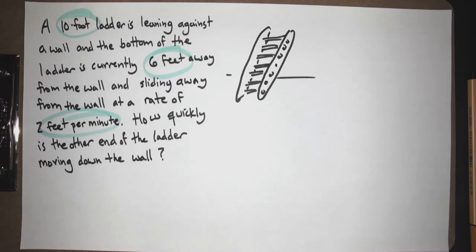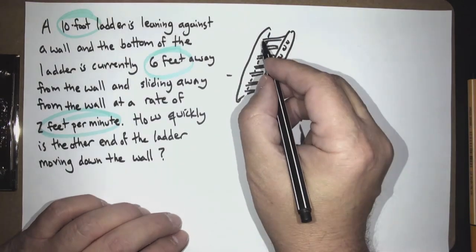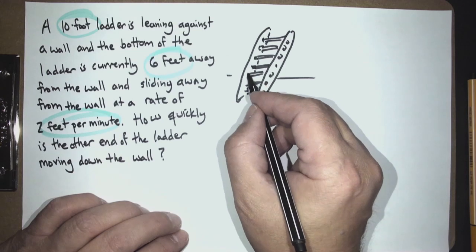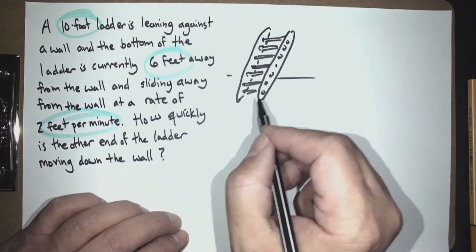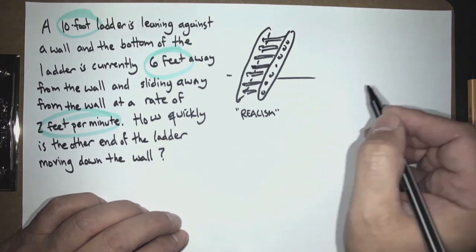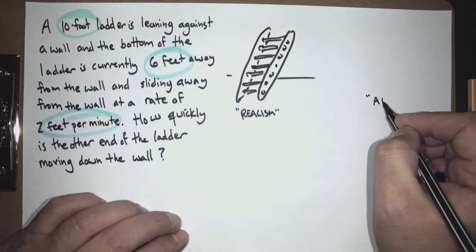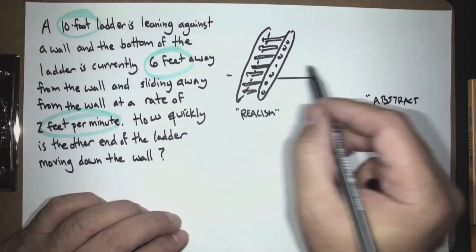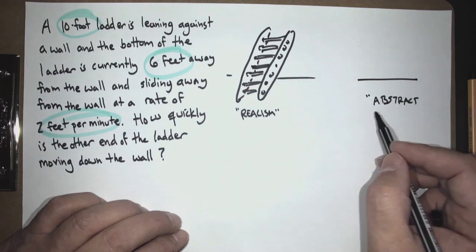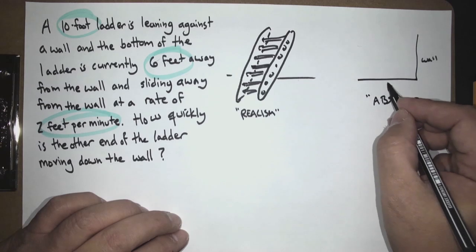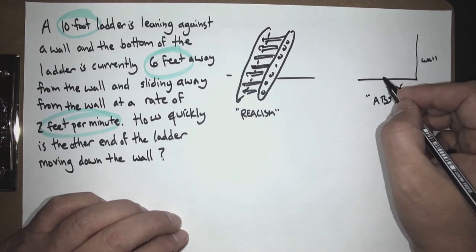However, it's probably not the most useful way to represent what's going on. One way to phrase it is, you don't need to go for realism. It's better to do abstract. Really capture what's going on. So instead of drawing this, we'll have here's the floor, here's the wall, here's the ladder.